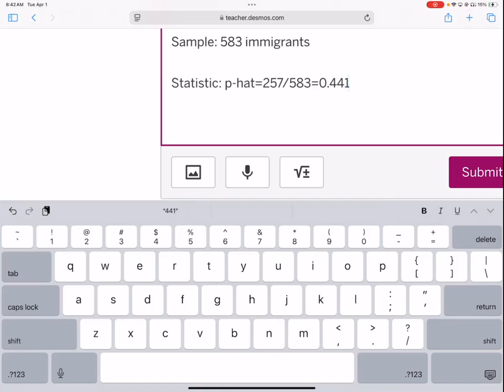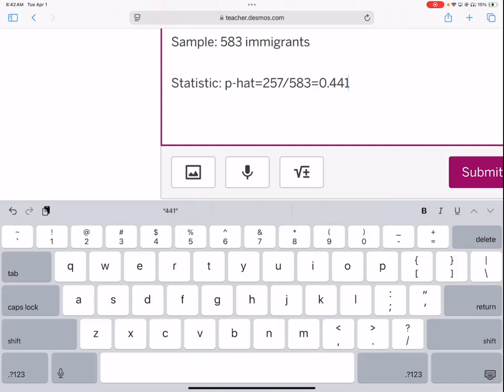My sample is 0.441, about 44%. 44% is what compared to 60%? It's less. Okay. So they think it's more than 60%. Our sample was less than 60%.